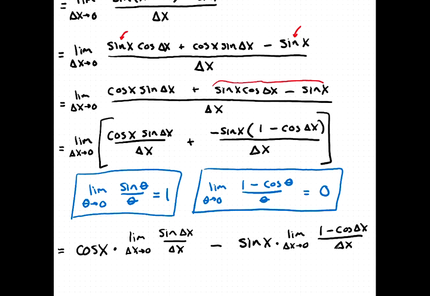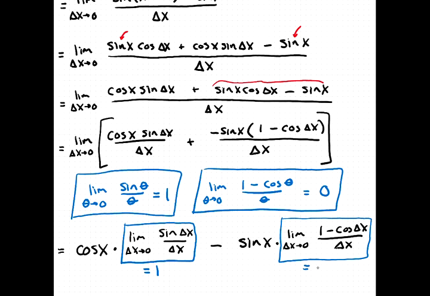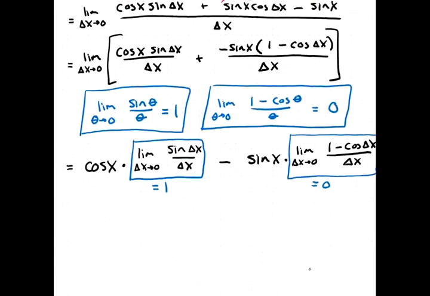Okay, so according to these formulas, this is equal to 1, and this is equal to 0. So we have the cosine of x times 1, which is the cosine of x, minus the sine of x times 0, which is 0.